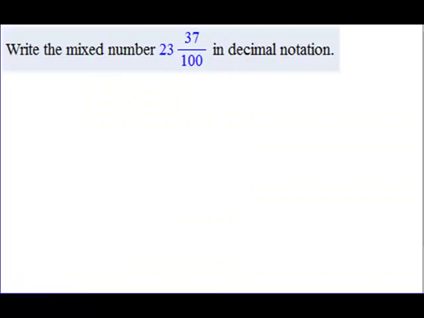First up, we want to convert this fraction mixed number into decimal notation. Now this first part right here is the whole number, so that would be 23, and then you put your decimal point. The 37 hundredths, the denominator, the 100, tells you how many decimal places you're going to have after the decimal.